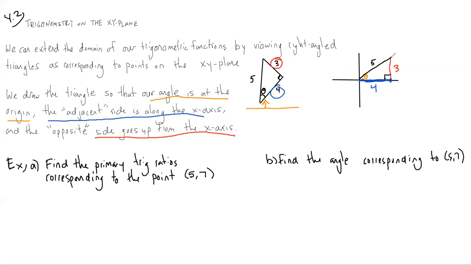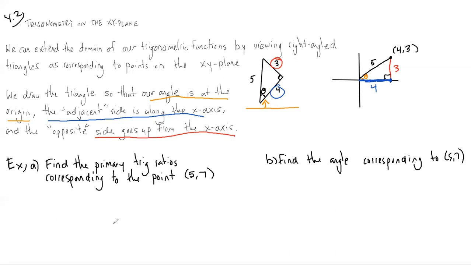And when we do that, because we've gone over 4 and up 3, what we actually get here is a point, a point at 4 and 3. And this point is going to give us more or less all of our information for how we are going to define these trig functions. Every triangle that we draw is going to correspond to a particular point on this xy plane.